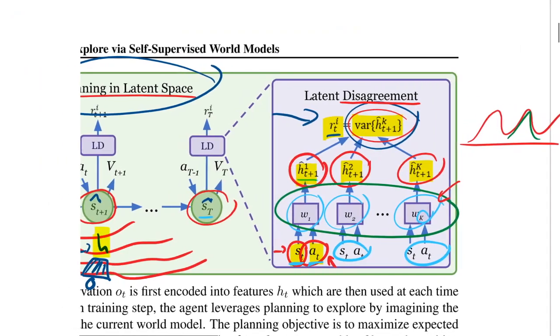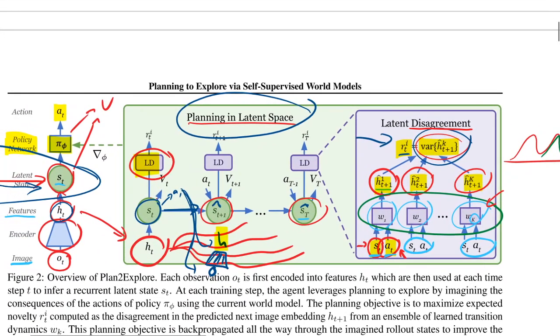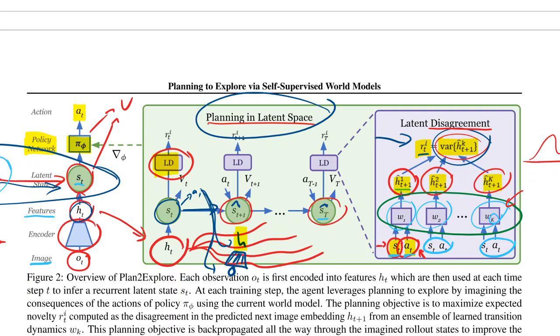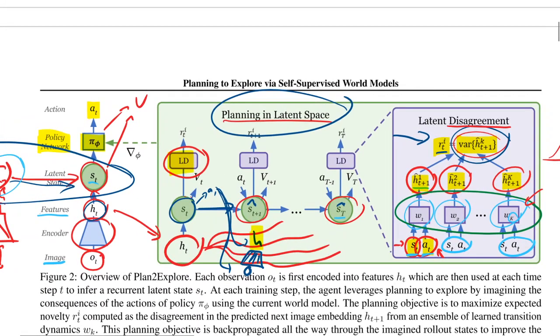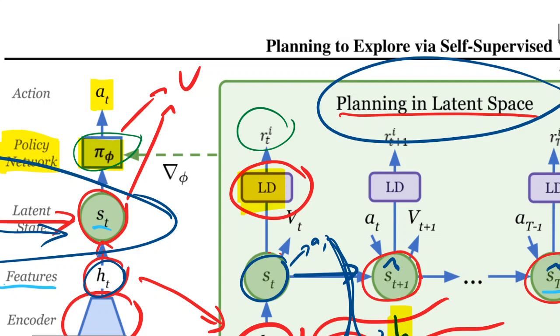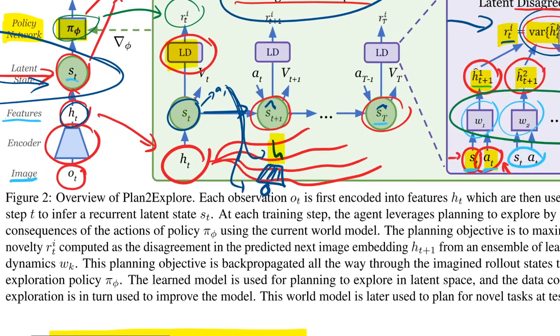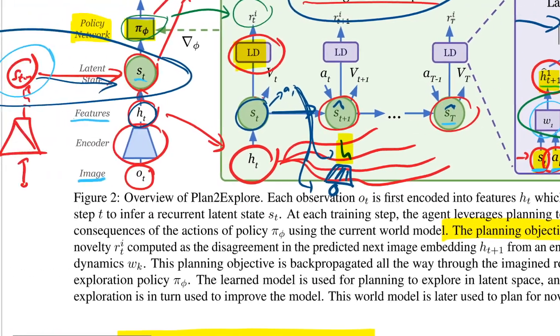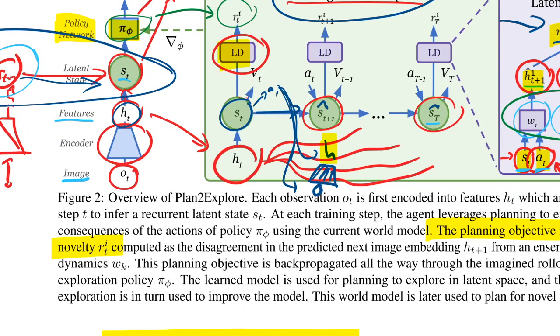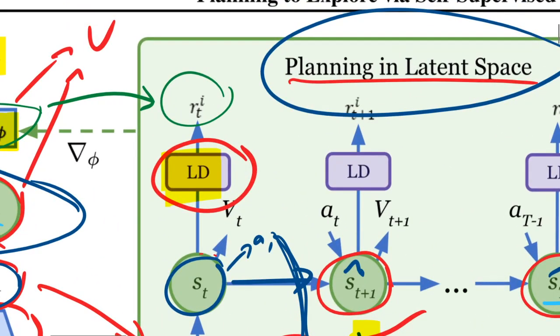So all of this seems a bit problematic, but the whole setup is pretty cool, because imagine all of this is shifting constantly, right? The policy here tries to maximize these rewards, and that's just something I don't understand. In the paper, they make it sort of explicitly clear that the policy tries to maximize this quantity right here, the next uncertainty. Right? The planning objective is to maximize expected novelty R_t^i, which is this thing right here.